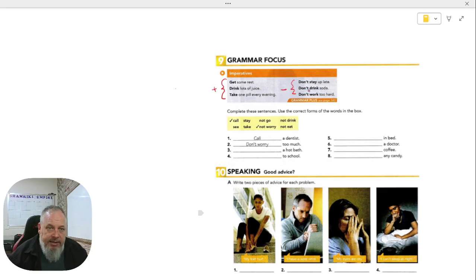Don't stay, don't drink, don't work. And if you want extra information, in the back of your book there is an extra grammar plus if you are interested or want some more practice.